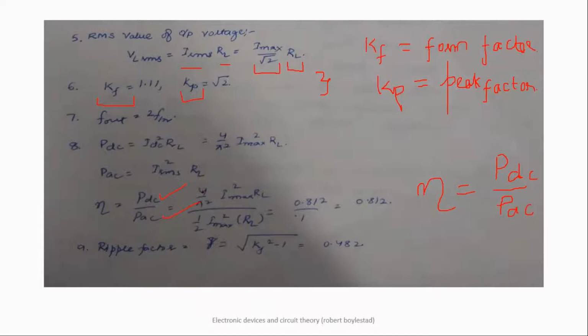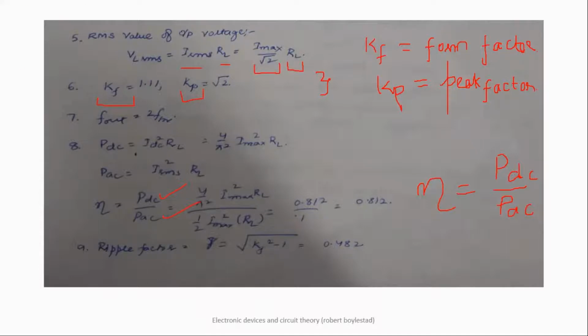So DC power means what you are getting at the output of the rectifier, and AC power is what you are providing at the input. So the technical meaning of efficiency is your output by input. So in rectifier, your input is AC and your output is DC.